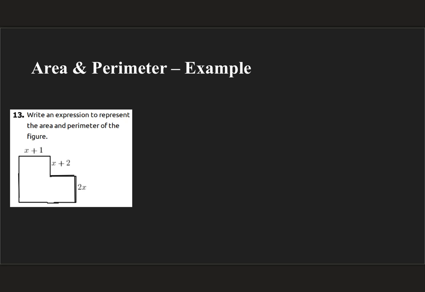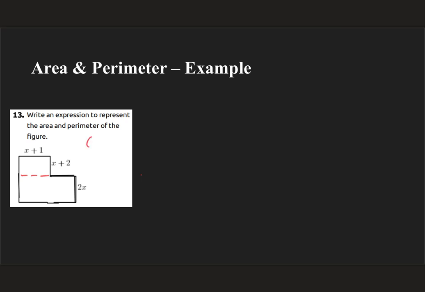All right, so I'm going to split this into different rectangles. So we've got this rectangle here. Sorry, my pen's not working. So this rectangle here. All right, so to find the area, we're going to multiply.